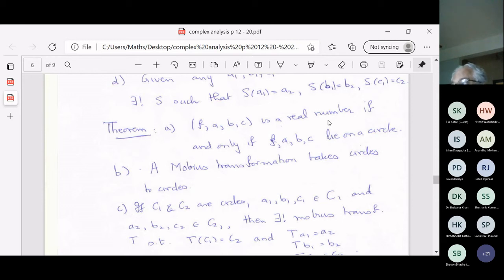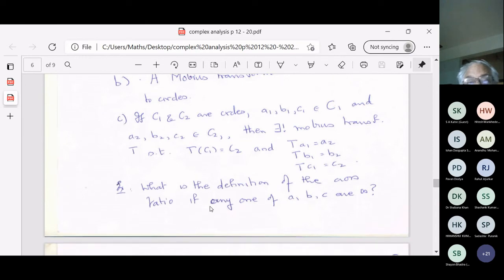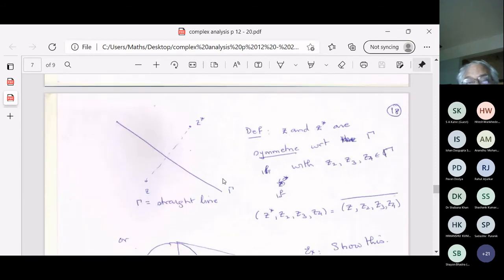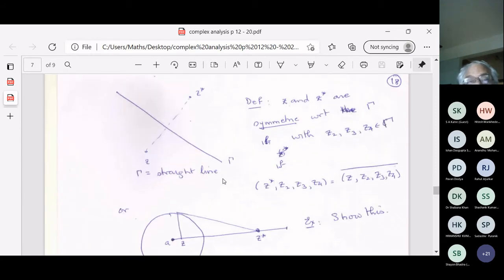But then it's a unique circle which passes through A2, B2, and C2. And therefore, the circle which passes through A1, B1, and C1, which is C1, must be mapped to C2. I mean, this is just playing around with words. And what happens if any one of the A, B, C is infinity, you must think about it. This is again something that I think in that first problem session people had trouble with.